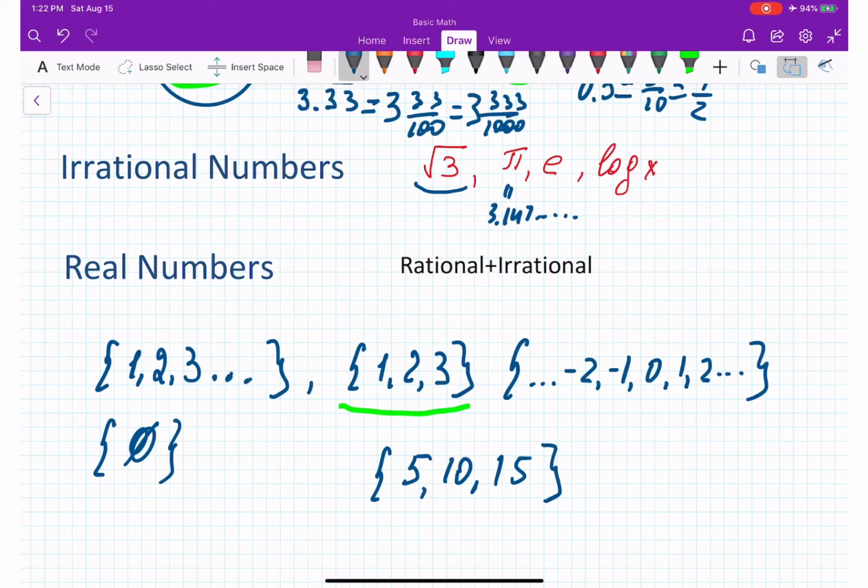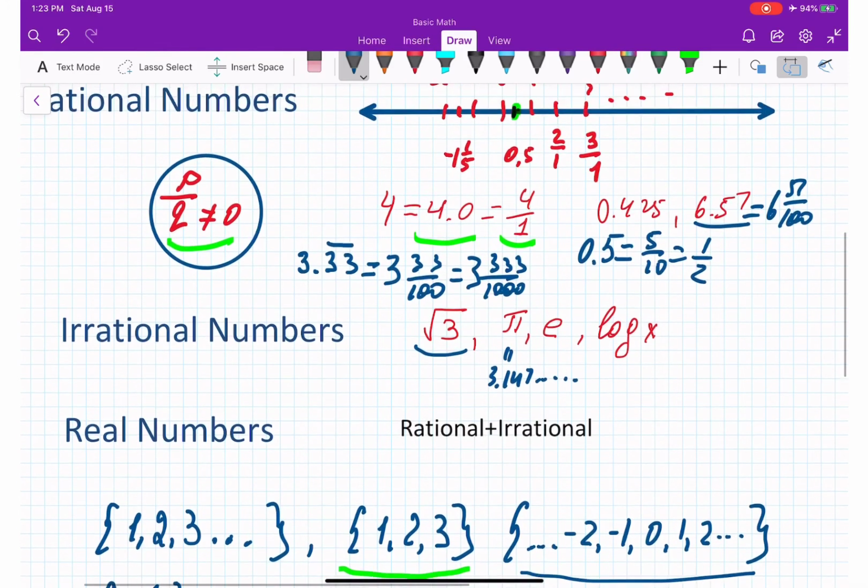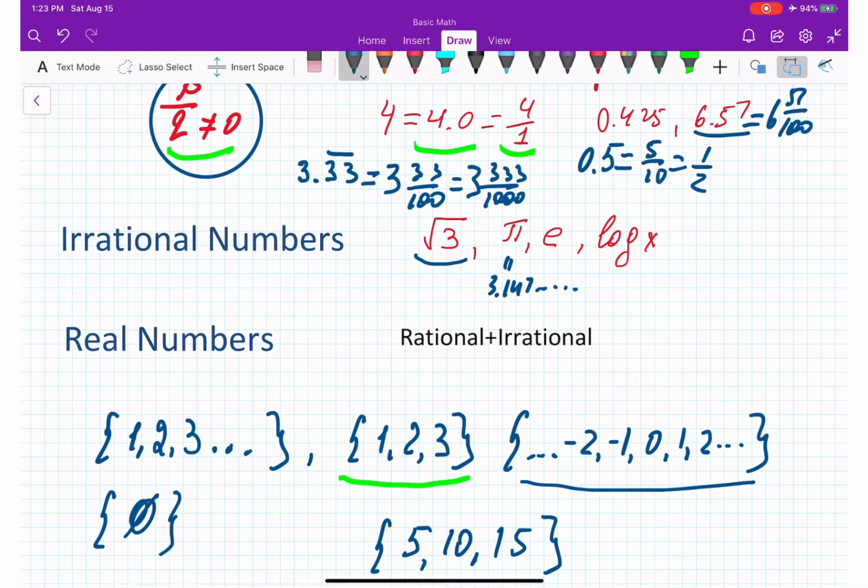Next, what if I want to represent integers? Here we have 3 dots, meaning it doesn't start from -2, it starts from even negative infinity, which can be -999, -998, -997, right? Or -3, -2, then continues with 0.